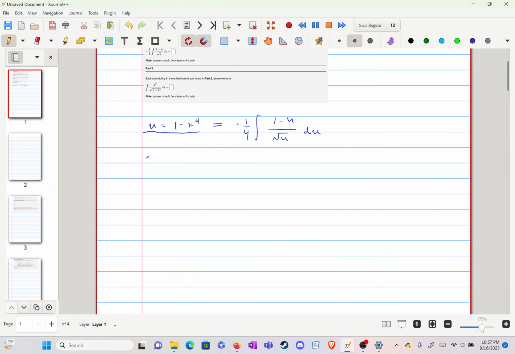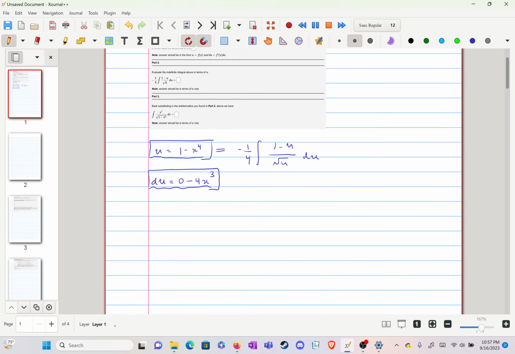Let's do du. du is equal to, derivative of 1 is just 0. Power rule, minus 4, minus 1 on the exponent, that's going to give us x cubed. That is our du. All right, let's box these in. Let me get rid of the negative 1/4, and this is our du.